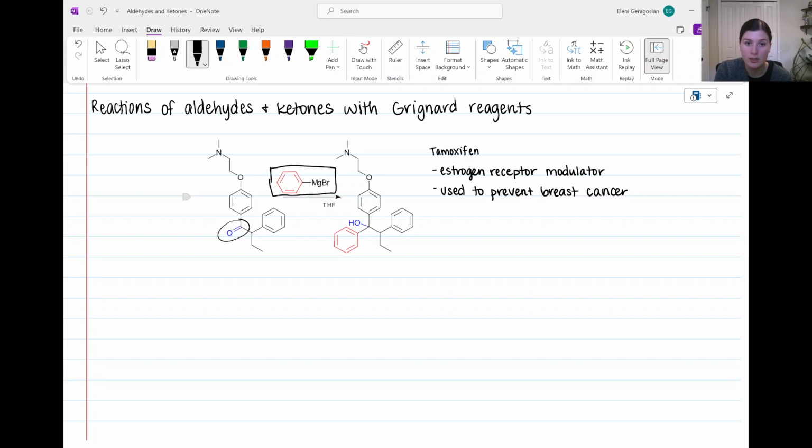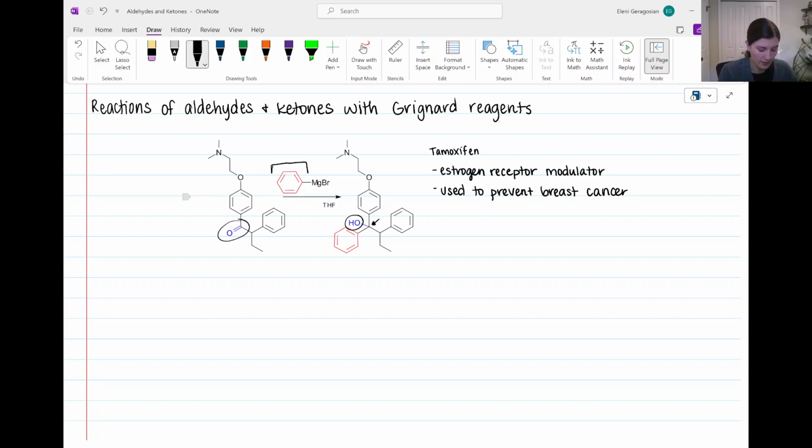That carbon structure, in this case a phenyl ring, is bonded to the carbonyl carbon right here, and then the carbonyl oxygen becomes the OH group. And so that's really the pattern when we're looking at Grignard reagents. We add the organic part of the Grignard reagent to the carbonyl carbon.